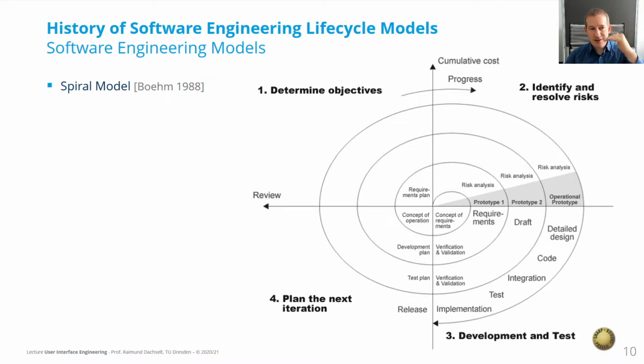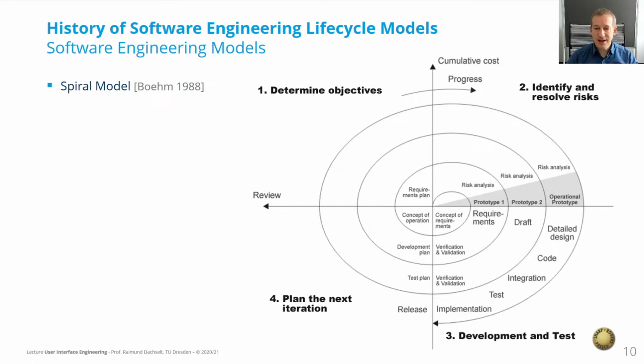One obviously is the strict order, which is here now spiral and iterative. And a second one is that the waterfall model does not consider risk analysis, for example, and it does not consider user involvement. So users do not play a role in the waterfall model, nor does the analysis and treatment of risks play a role.